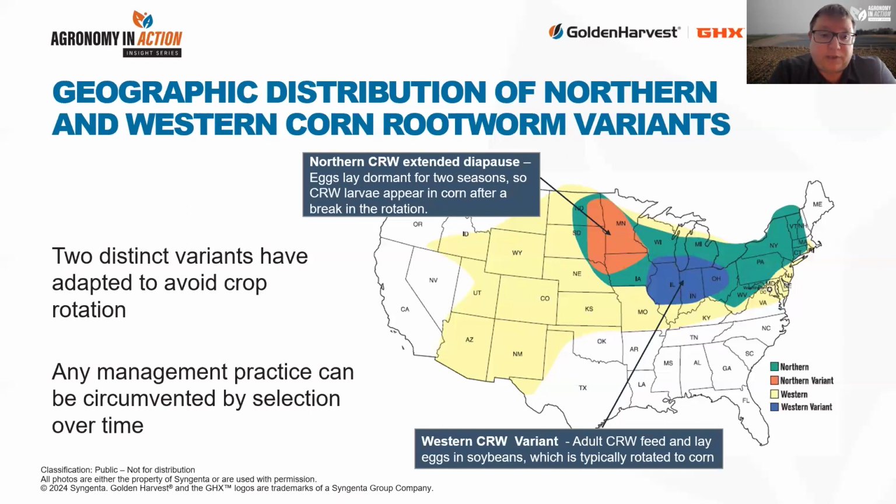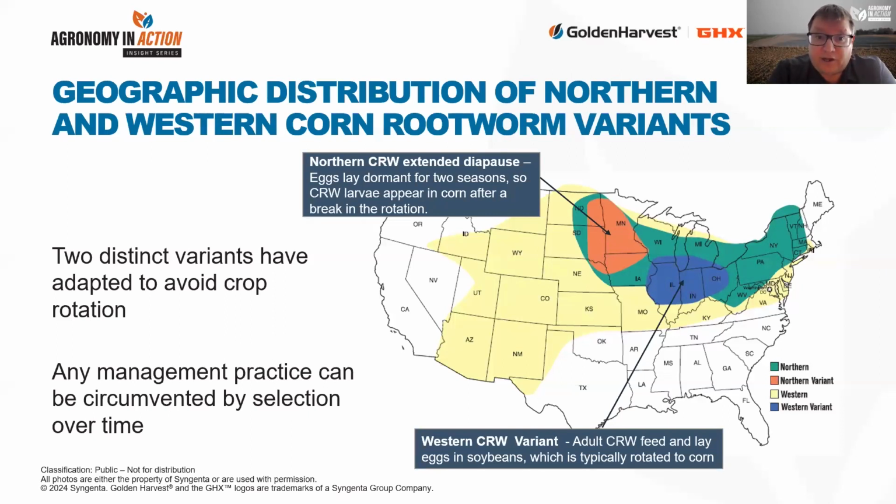Again, probably a lot of us are familiar with this. It's been at the front of our minds more in the last couple of years, particularly with regard to the northern corn rootworm variant. But essentially, there's a variant of the western corn rootworm, ironically, that tends to be in the eastern Corn Belt, and they have adapted to lay their eggs in soybeans, thus being present in corn the next year when the larvae emerge and the beetles emerge.